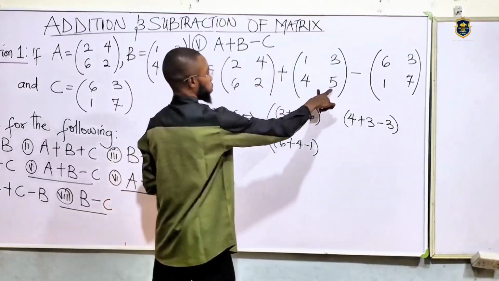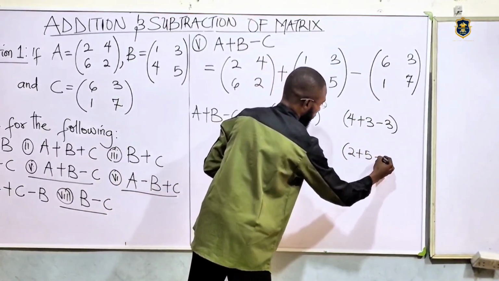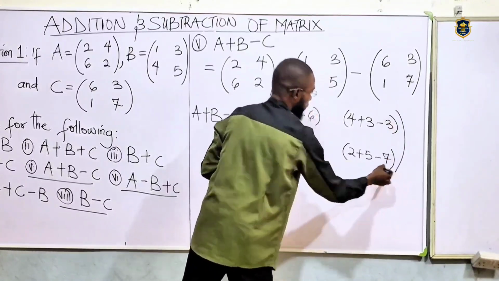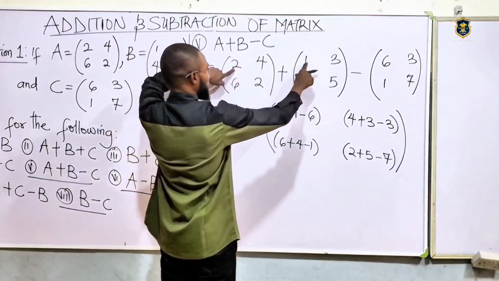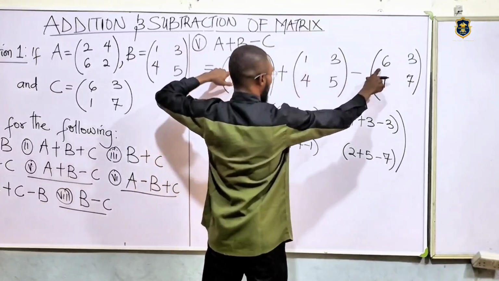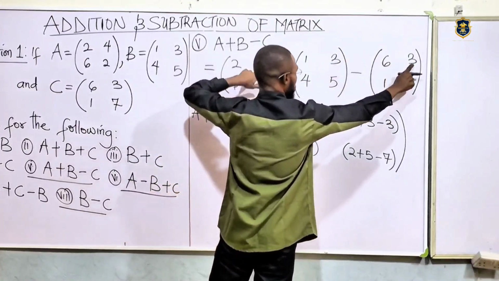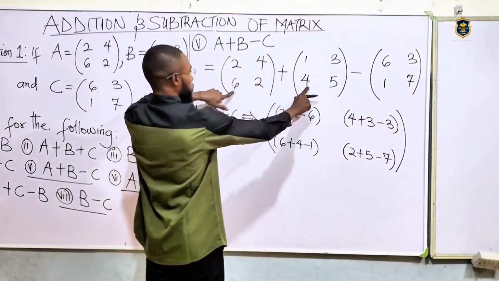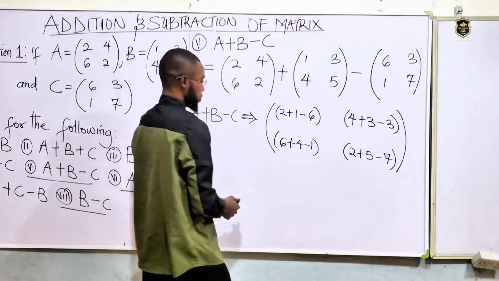And then we'll be doing 2 plus 5 minus 7, that's all. So let's take it again. 2 plus 1 minus 6. 4 plus 3 minus 3. And then 6 plus 4 minus 1, and then 2 plus 5 minus 7.